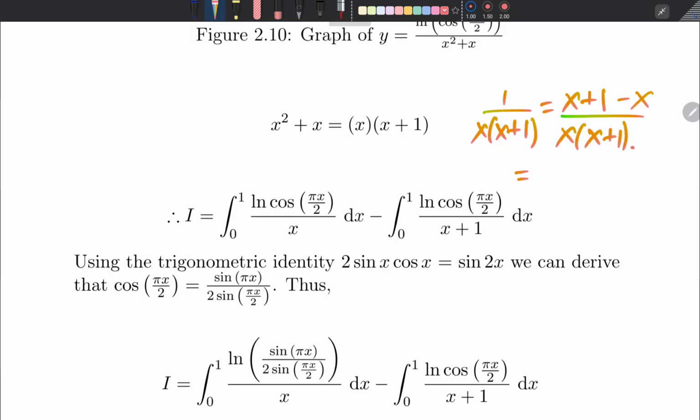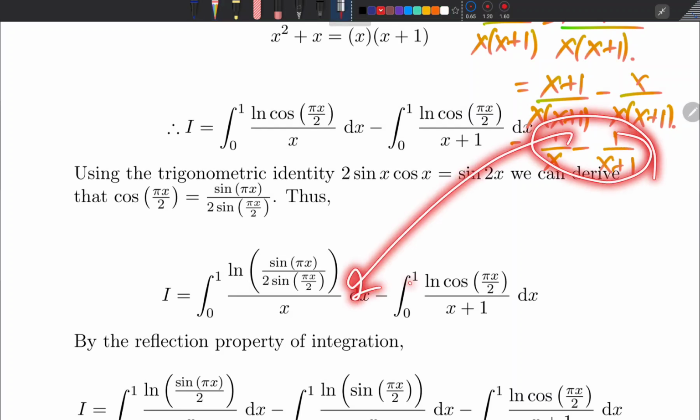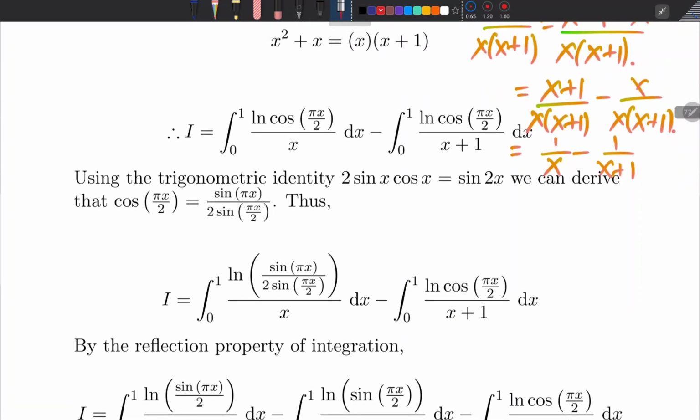Now we can split it up as x plus 1 over x times x plus 1 minus x over x times x plus 1, and here we would have 1 over x minus 1 over x plus 1. So basically that's what the author had done there.